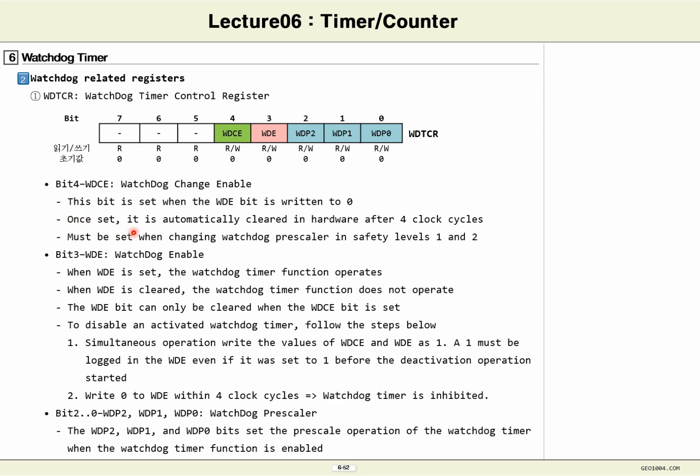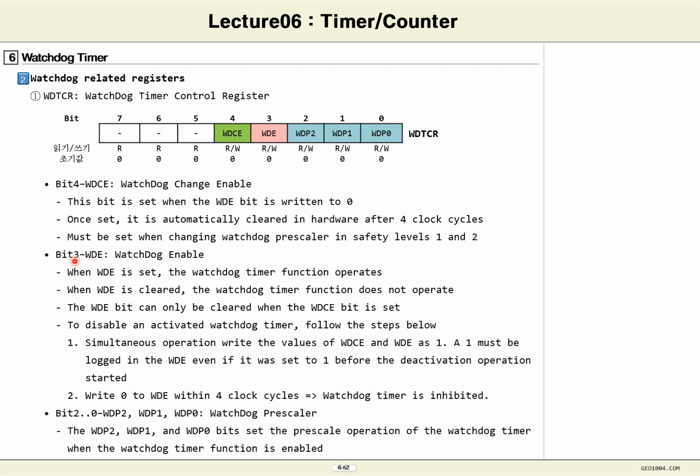Once set, it is automatically cleared by hardware after 4 clock cycles. When changing the watchdog prescaler in safety levels 1 and 2, it must be set to 1.